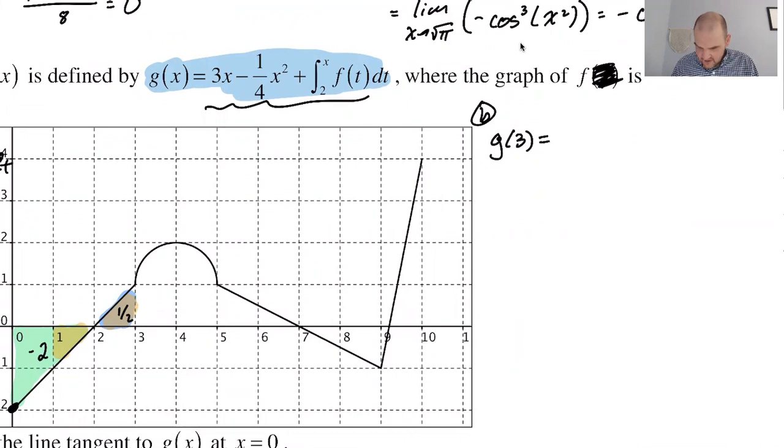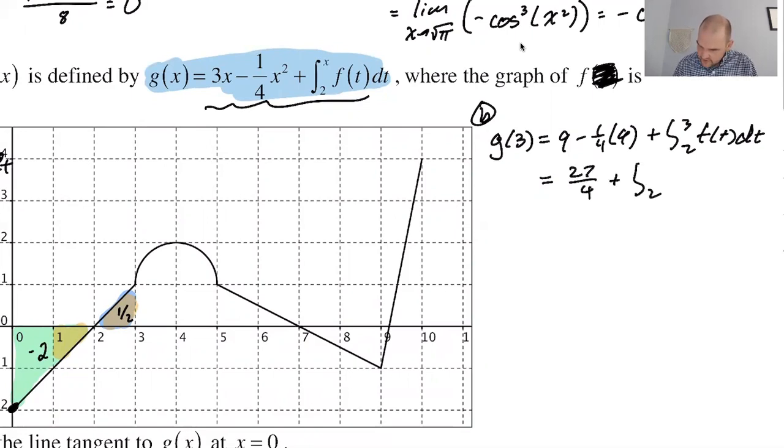It's not great. So 3 times 3, 9 minus 1/4 of 9 plus integral from 2 to 3 of f of t dt. Okay, so what is that? Well, 27 over 4, and then plus the integral from 2 to 3 of f of t dt.